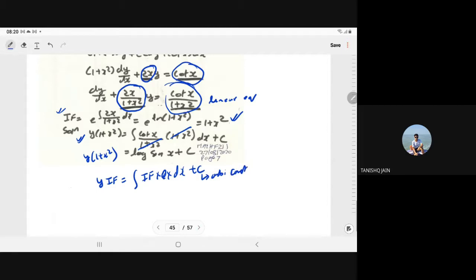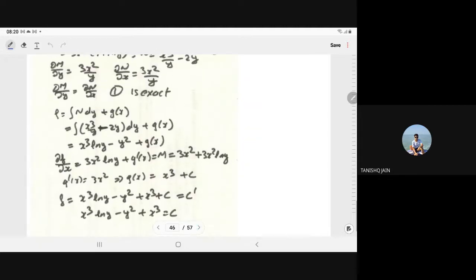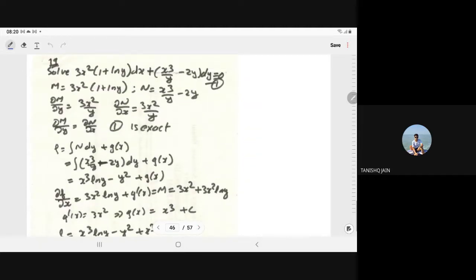So that's easy. Now, see, when I taught the exact equation, at that time I told you that in general we take F as the integral of M dx plus g(y). Right? We can also take F as the integral of N dy.